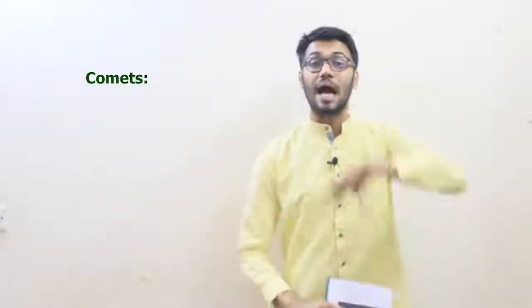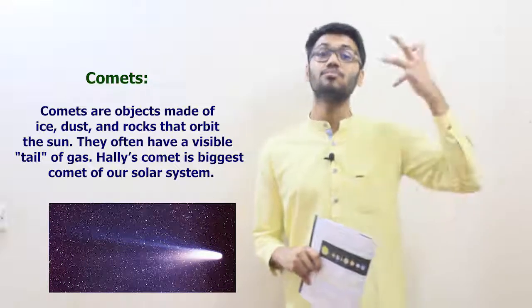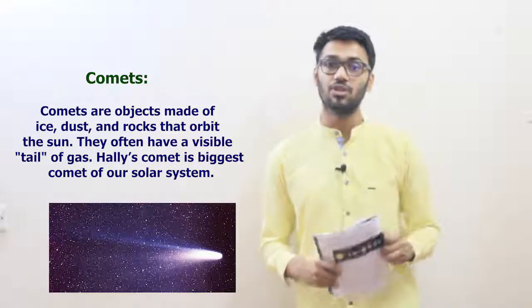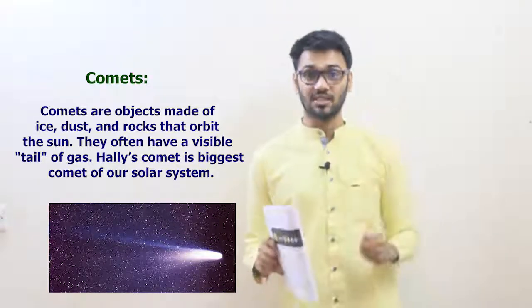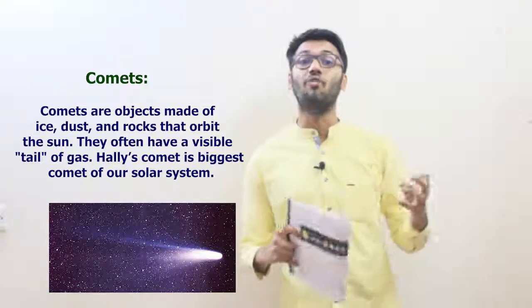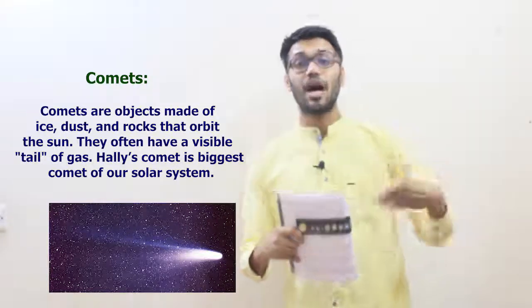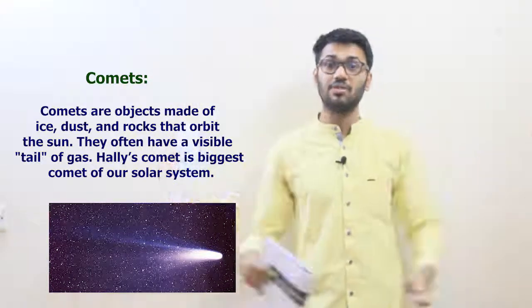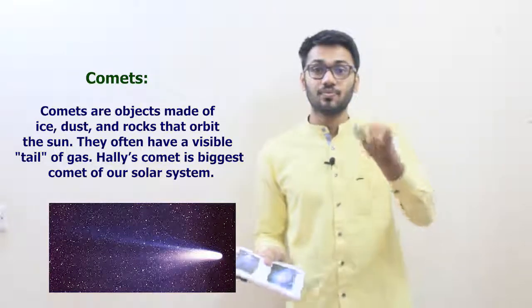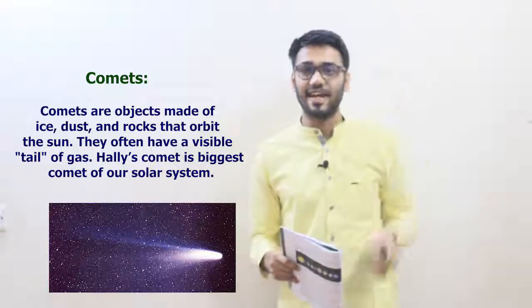Okay, comets. What is a comet? In the solar system, there are some comets. What's a comet? It is essentially ice, dust, and some ruins of other planets. For example, if our solar system gets destroyed, that means if the Earth gets destroyed, the sands and the other remains will become scattered, right?